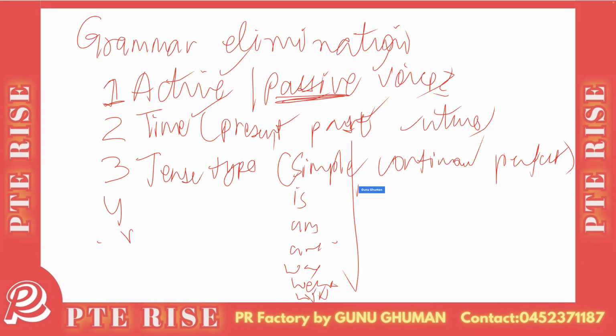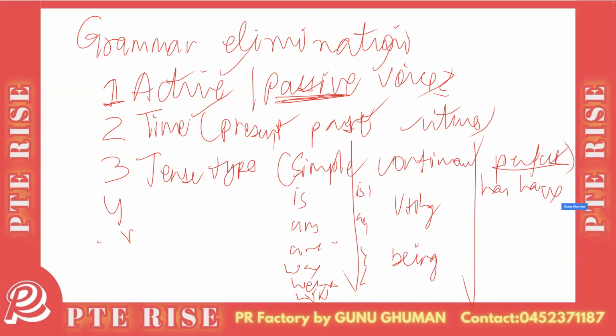Continuous tense, whatever it is am, are, blah, blah, blah, plus first form of verb plus ing, or being. They are continuous. Okay. Perfect tense has, have, had, or plus been. They are perfect tenses. Now, in your paragraph, the paragraph is all talking as has, have, had, has, have, had.